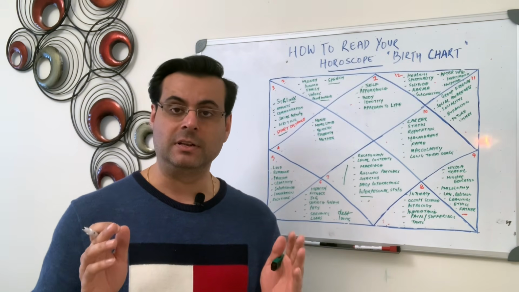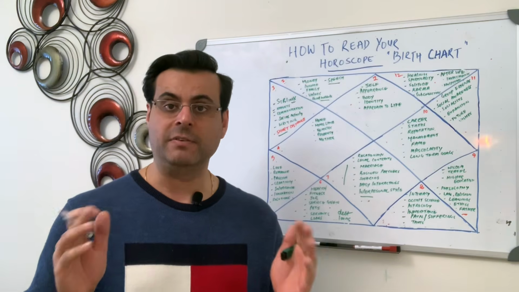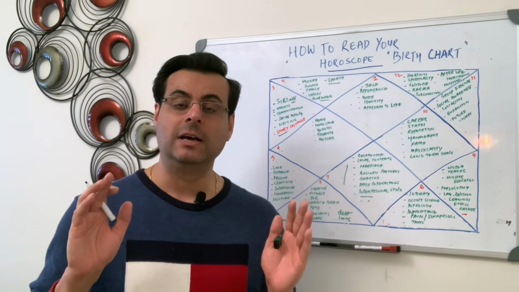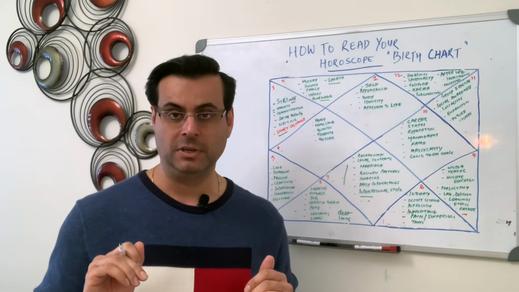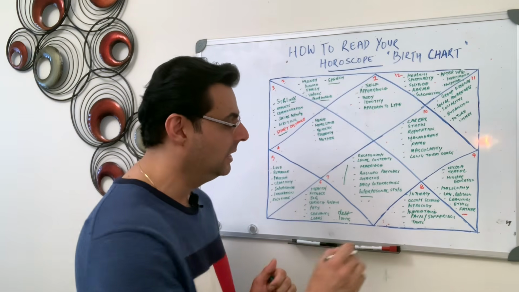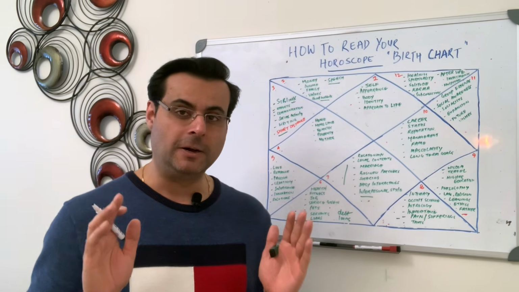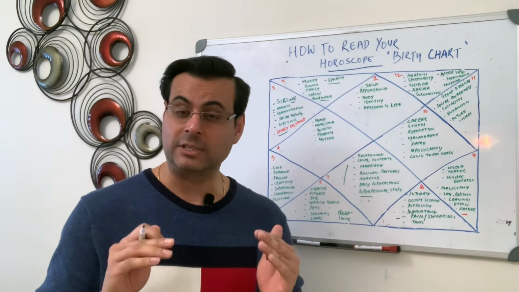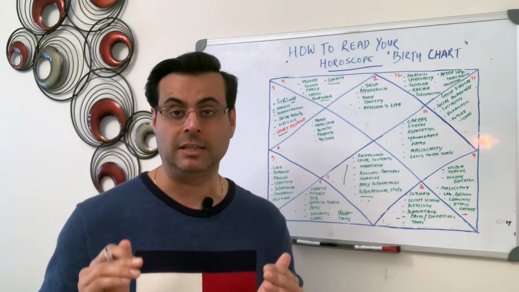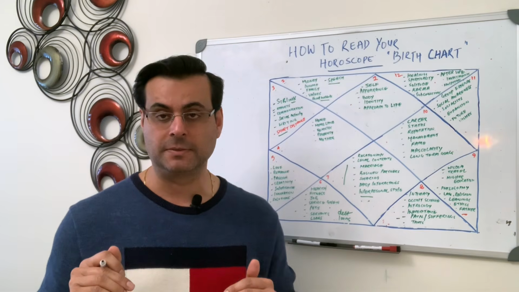For example, secrecy, privacy, intimacy, something which you do not want people to know about. Your privacy, your secrecy, your occult science. Occult science is again something which is not clearly visible in the public domain, but it exists.